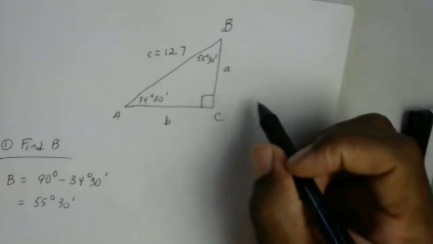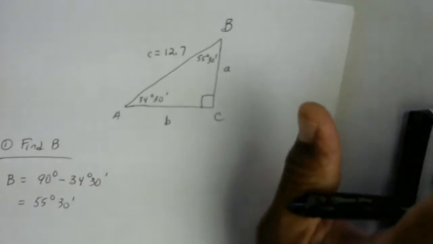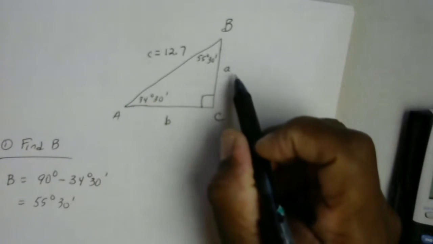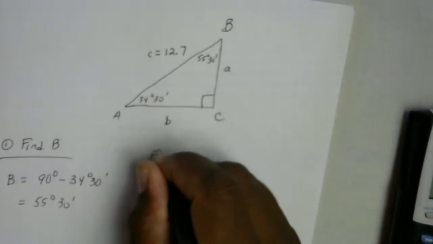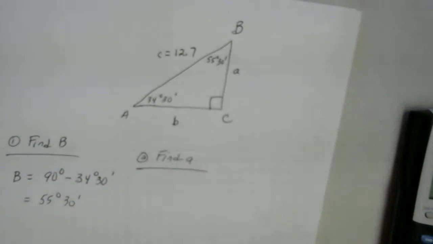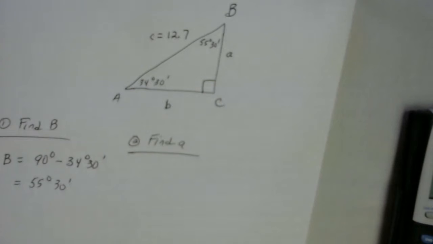So you have some options at this point. I'm going to find side a. This is the point where you might set up your measurements one way, and your classmate might set them up another way, but in the end, all your values should match.